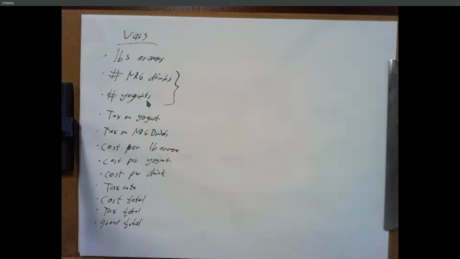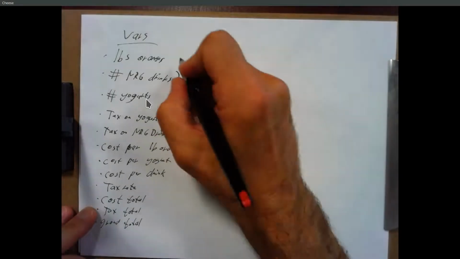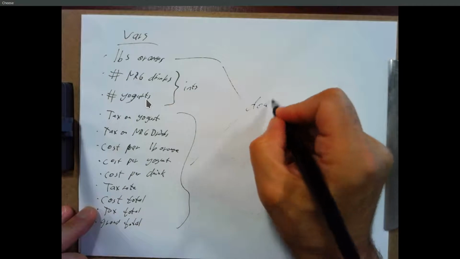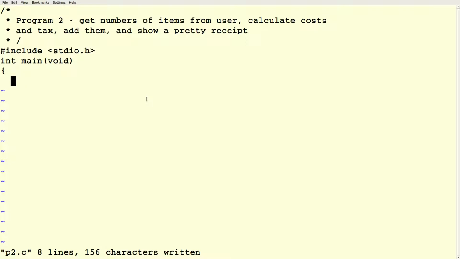But even if you do that, if they put in something like 2.3, it's going to make your program act weird. But okay, so let's make these ints, and let's make these doubles. So let's just play with energy drinks.